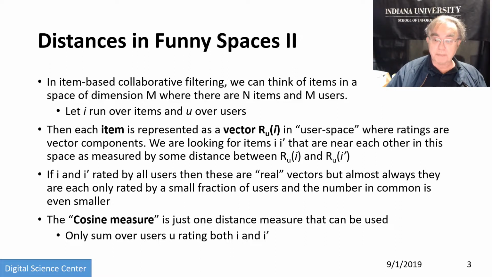And then, again, we use a so-called cosine measure, where we only sum over users, which is the components of the vector, which rate both the two things we're comparing. So again, these are an example of a funny distance.